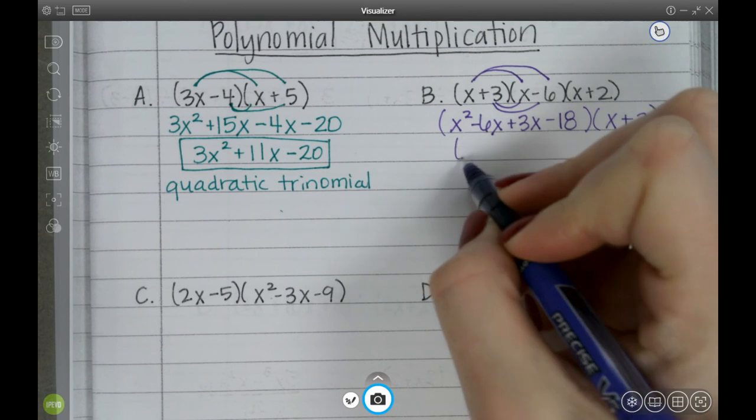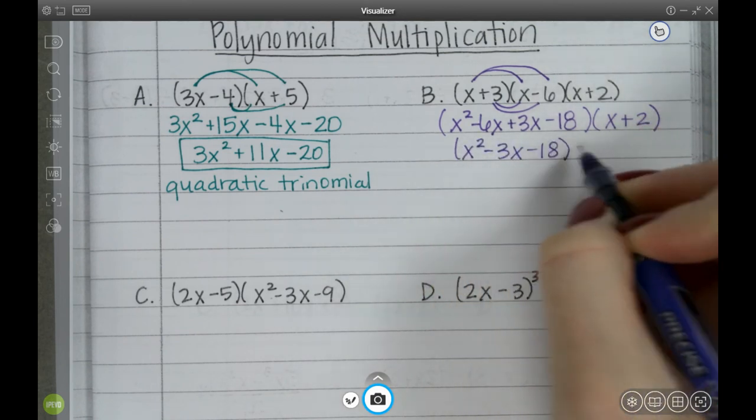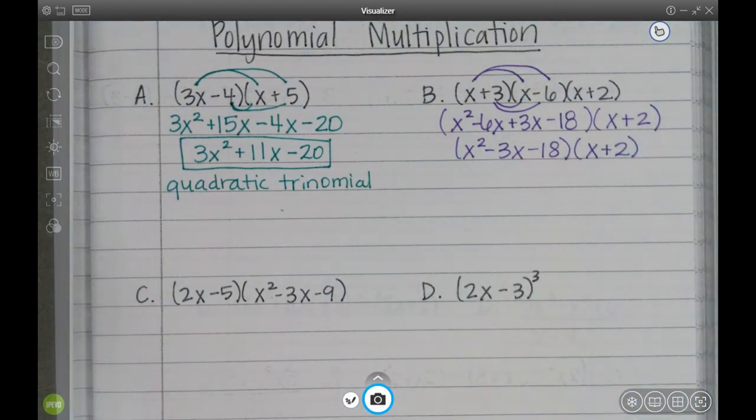Combine your like terms to get x squared minus 3x minus 18 times x plus 2. Okay, and then we're going to multiply again.